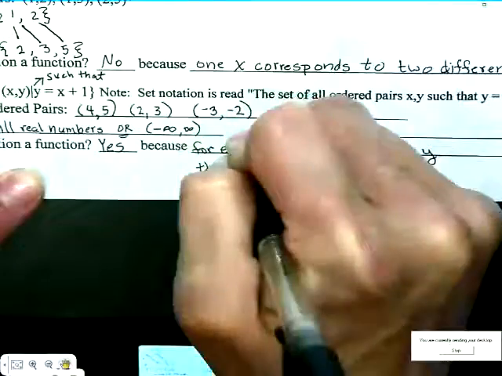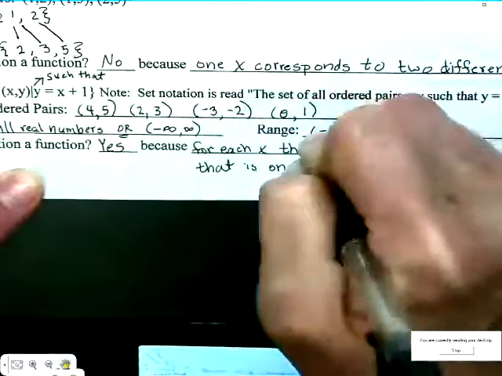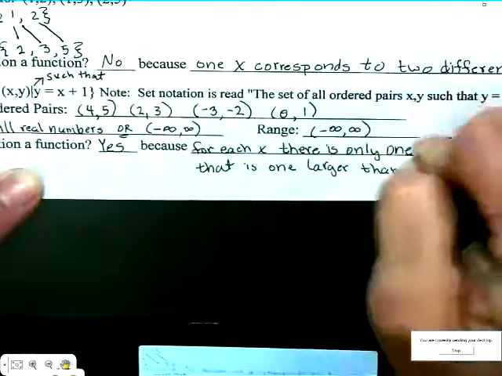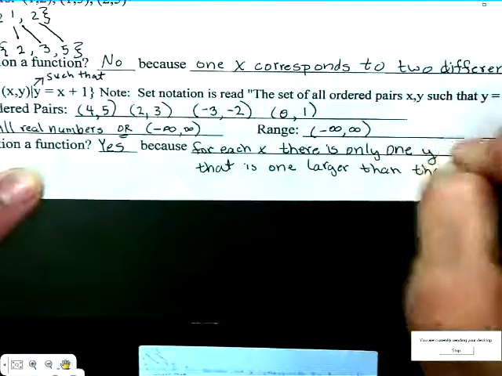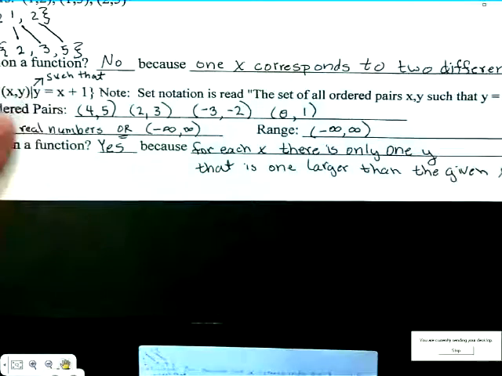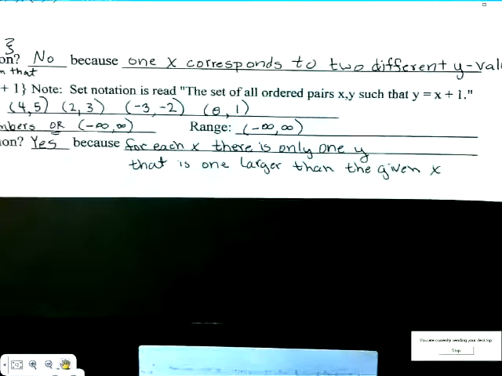That is 1 larger than the given x. You give me any x in the whole wide world, there's only one answer to the question, what's 1 more than that?